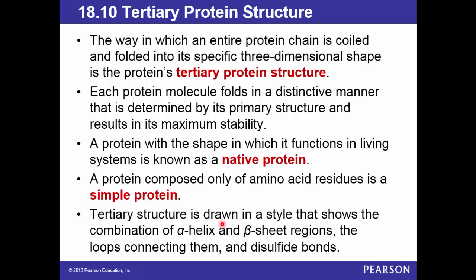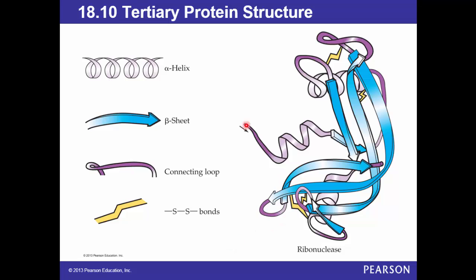Tertiary structure is drawn in a style that shows the combination of alpha helix and beta sheet regions, the loops connecting them, and disulfide bonds. As you can see here, in a tertiary protein structure, you find alpha helix like this. You find beta sheet, you see, whether they are this and this, they are anti-parallel.